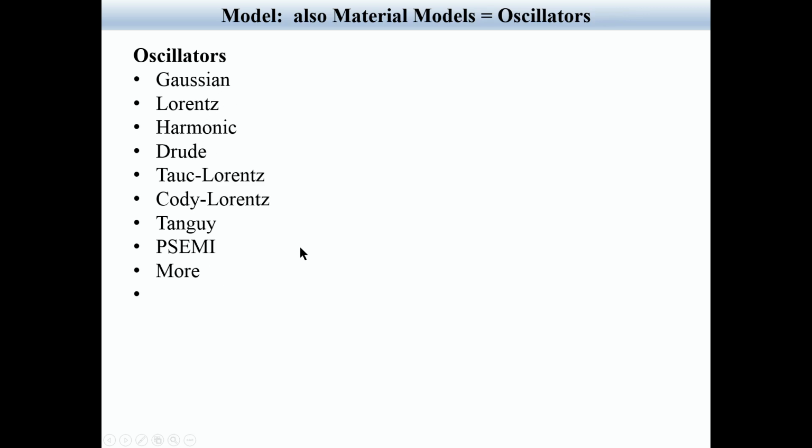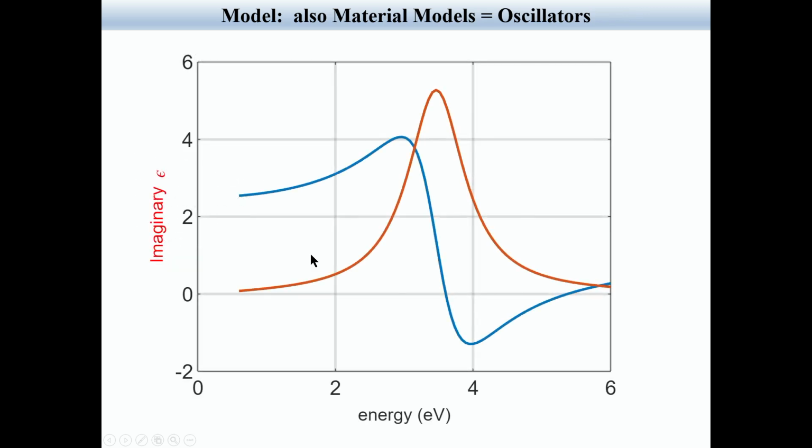So the idea here is that we're going to fit a curve of n and k, and this just shows a particular curve, and there are other models of oscillators. It's showing a real and imaginary part of a function as a function of energy in eV.